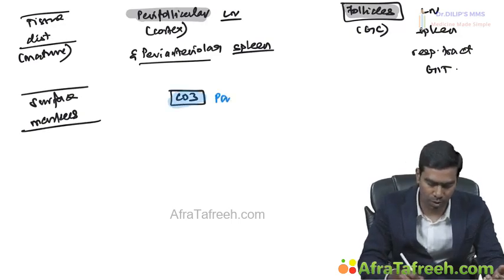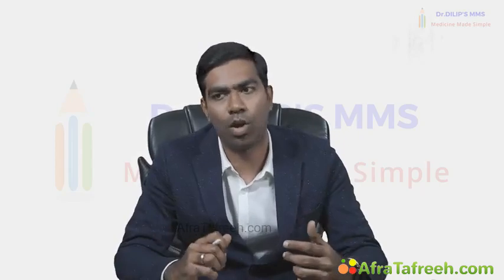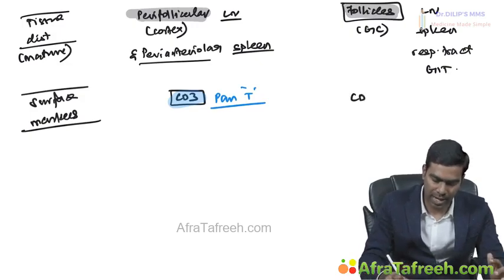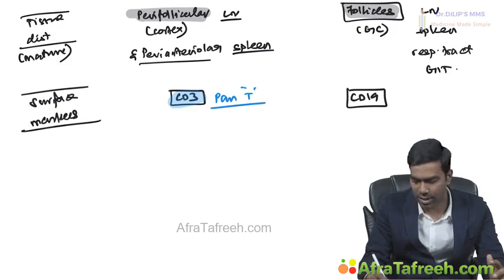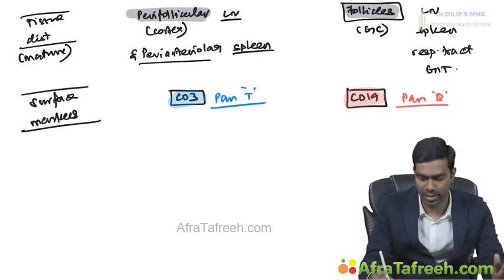Many books refer to this as a pan T cell marker, because if CD3 is present, that confirms the T cell lineage, and it's seen in almost all T cell lineage cells. That's why it's called a pan T cell marker. And CD19 is often considered a pan B cell marker. Obviously, this is going to be seen in almost all the B cell lineages as well.